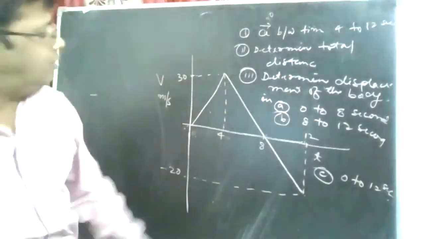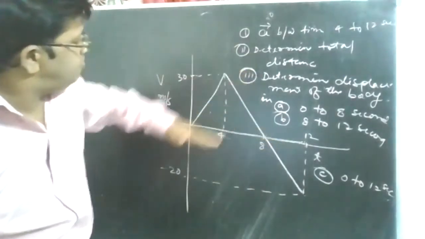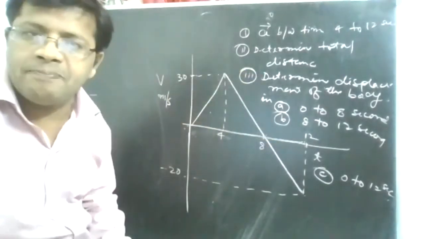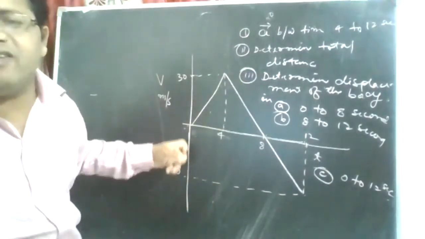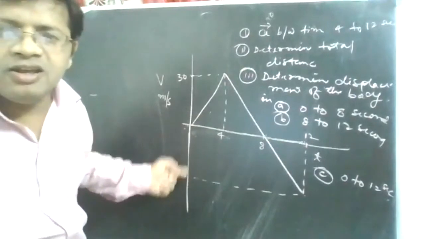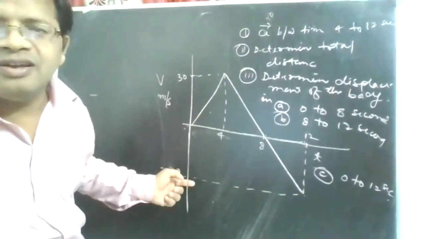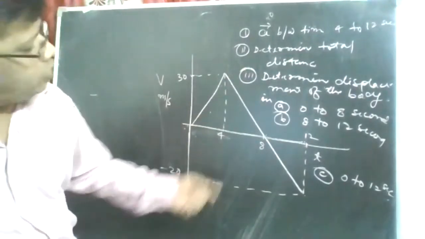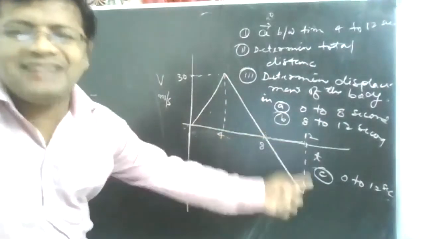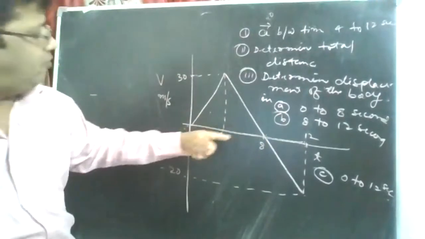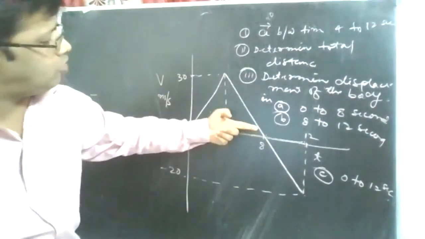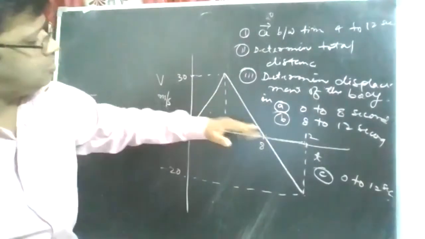Beta, see, above the time axis velocity is positive, and below the time axis, what is shown here, the velocity is negative. What you are observing is that before 8 seconds the velocity remains positive because the graph is above the time axis.